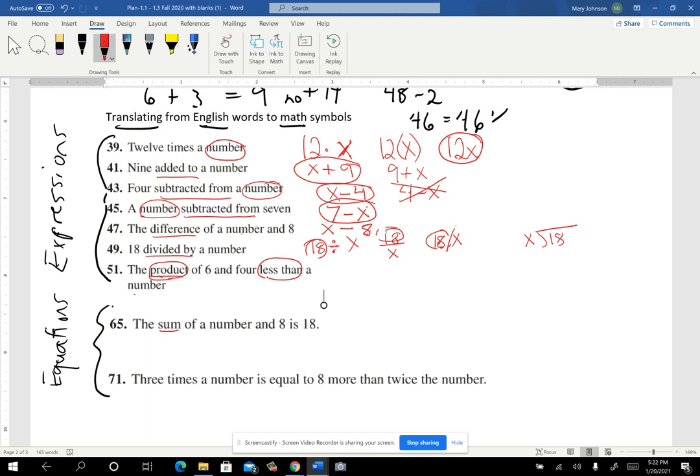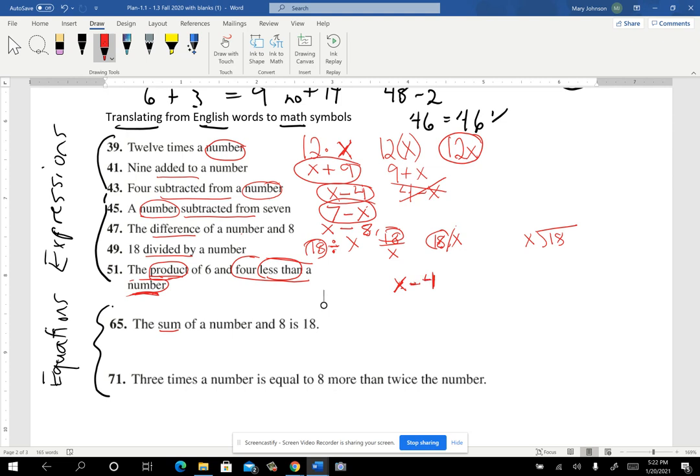But then really start here with letting x be the number. All right, then you kind of back up from there, and you're going to do 4 less than that number. So here's my number. I need 4 less than that, so I got to take away 4 from it. So it'll be after it like that.